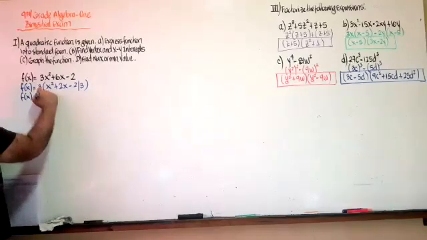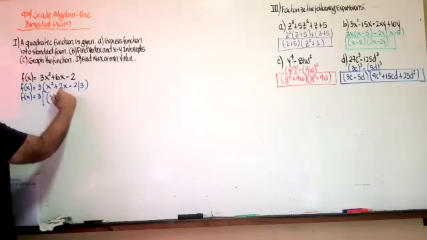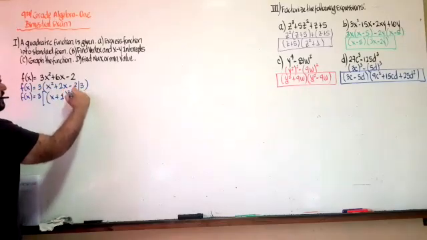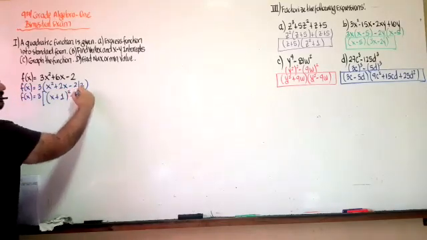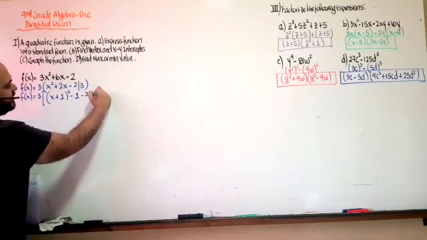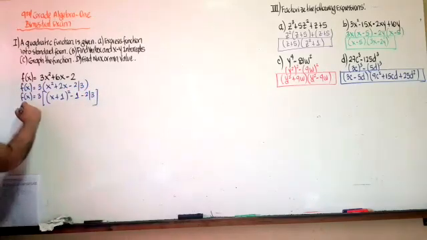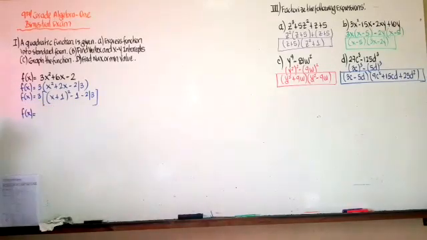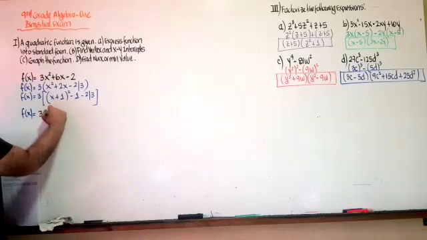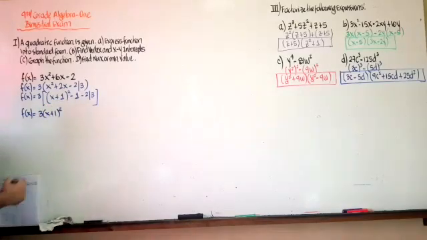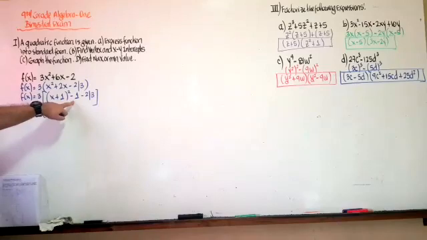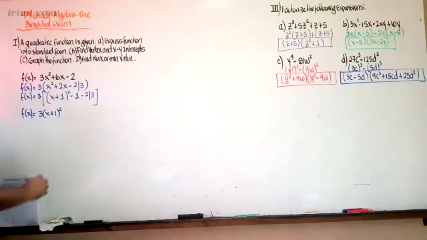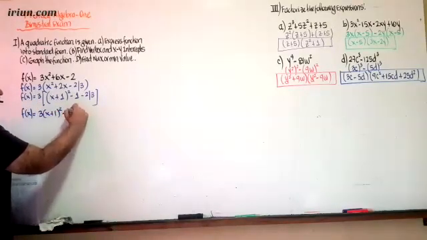I mean 3 times parentheses, x plus 1 squared minus 1 squared, which will be 1 minus 2/3, close parentheses. The result is 3 times parentheses, x plus 1 squared, minus 1 minus 2/3, which is negative 5/3. Multiplying by 3 will be only minus 5.